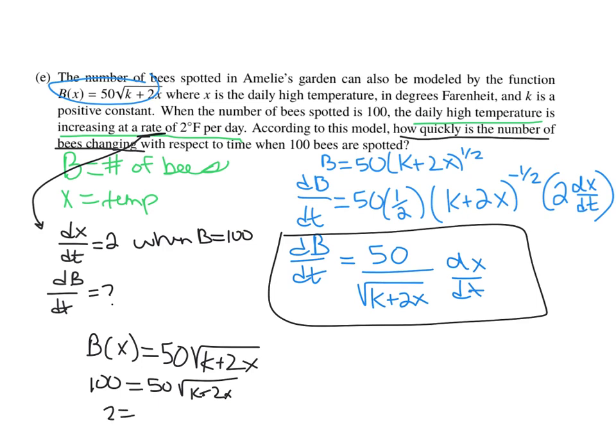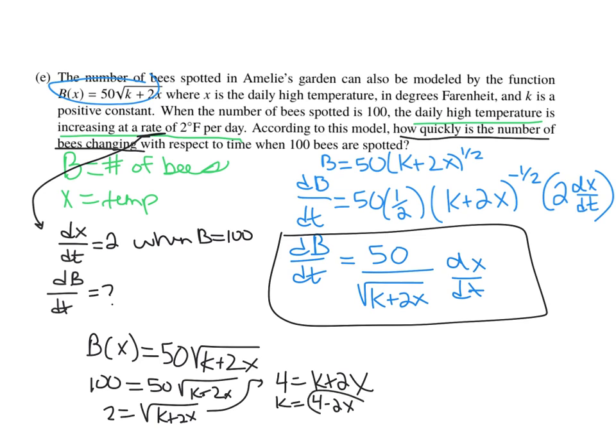I end up getting 2 is equal to the square root of k plus 2x, which gives me 4 is equal to k plus 2x. So I'm off to an okay start here. I'm going to solve this for k. I don't actually get something nice, but I do get that k is 4 minus 2x. So I don't actually get a number, I get an expression.